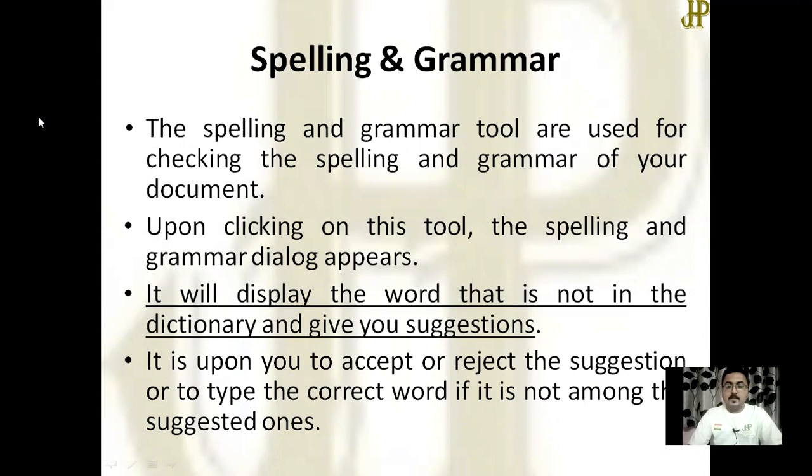It will display the word that is not in the dictionary and give you some suggestions as per the dictionary in MS Word. Choose from the suggestions, or ignore it if you think that the spelling and grammar is correct in your situation.